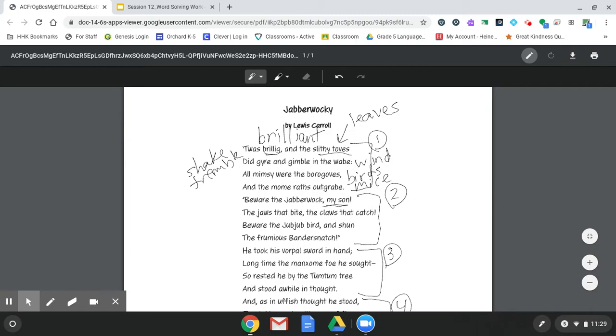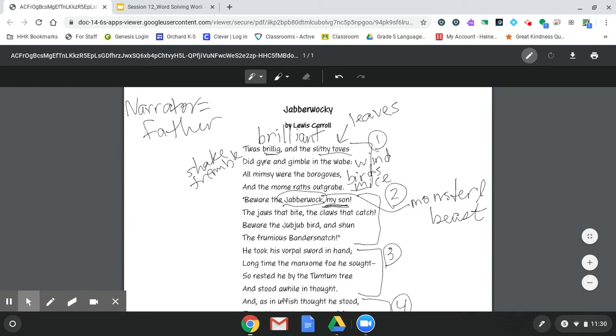So we're learning here that the narrator is a father, right? And he's saying, beware of the Jabberwock. If you have to beware something, that could be some type of monster, right? Or beast.